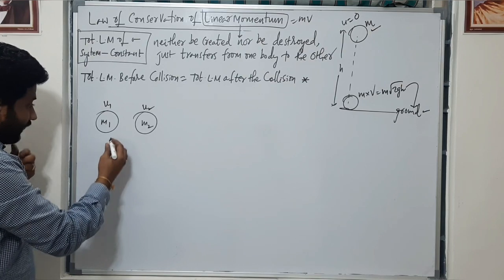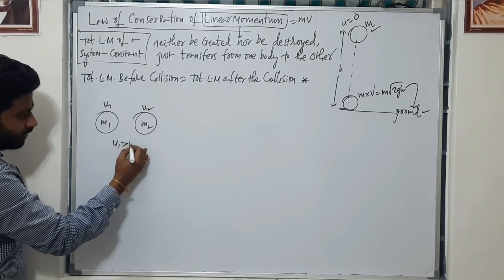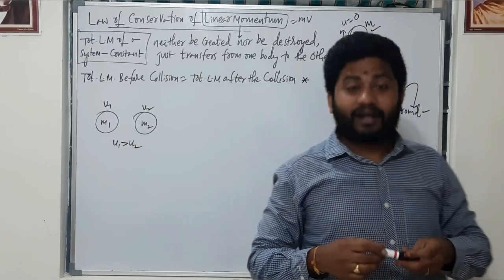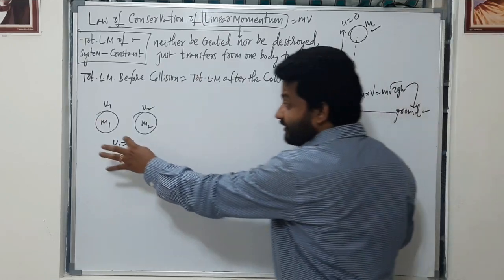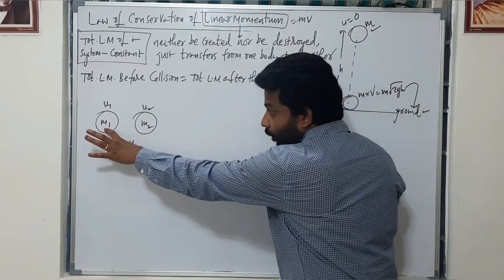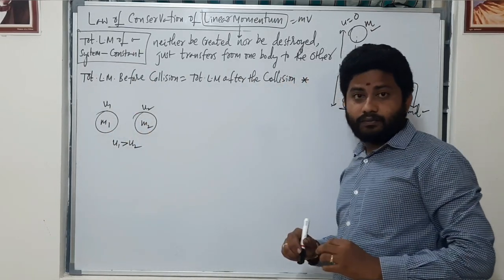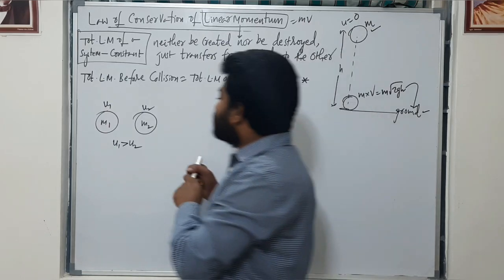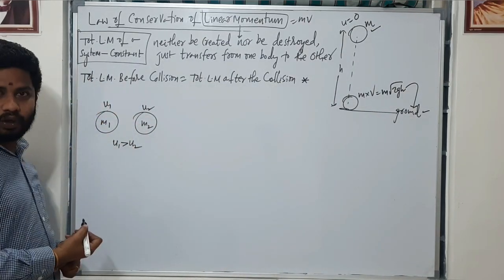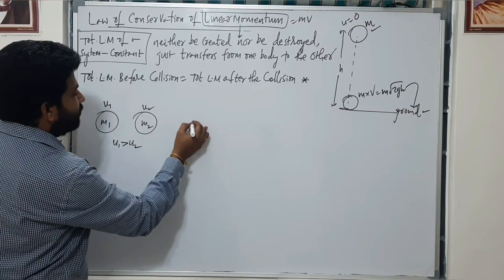For example, assume the situation: initial velocity of the first body is more than the second body, right? What is our assumption here? This body is moving faster than this. So after some time, obviously there is a collision between these two bodies. So that's the point I am drawing here.